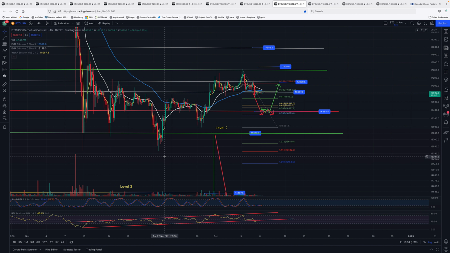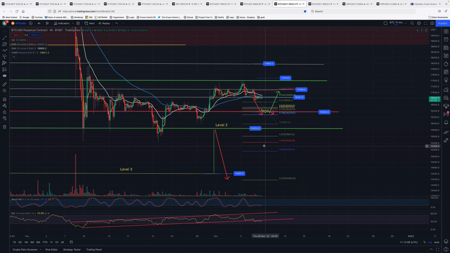And then, of course, it gave me plenty of choices, but it lifted up and took all my profit away from me. So I stayed in this because I was waiting for the level 3 drop. I am still waiting for the level 3 drop, but I'm going to play this a little bit more smartly, and I'm going to take my profit if I see any double bottom structure on the midline.